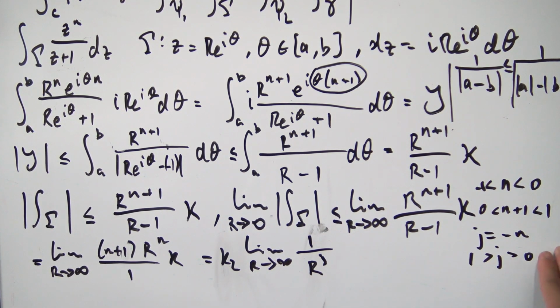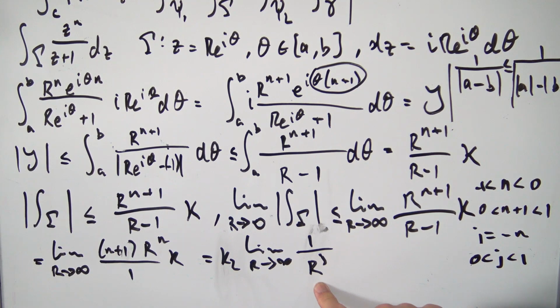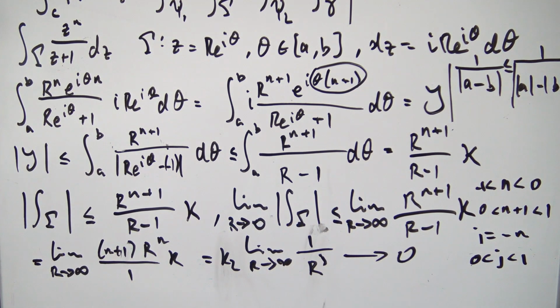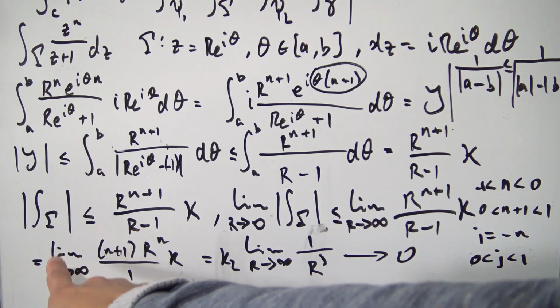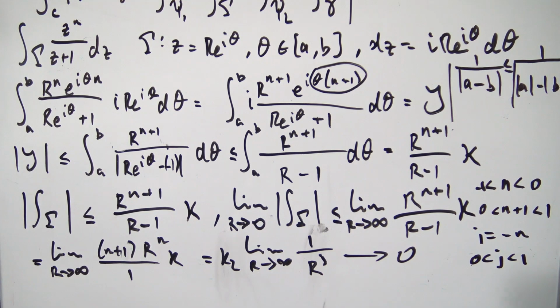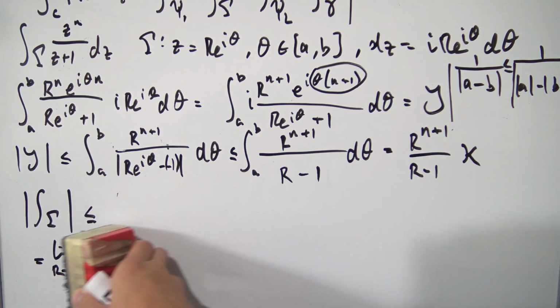Since j is positive, so j is between 0 and 1, if you take the limit, this thing's going to blow up, leaving you with 0. So overall, if you take the limit as r approaches infinity of our integral over gamma, it's less than or equal to 0. So that's quite interesting.